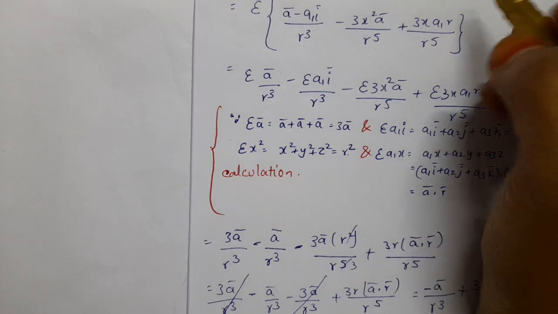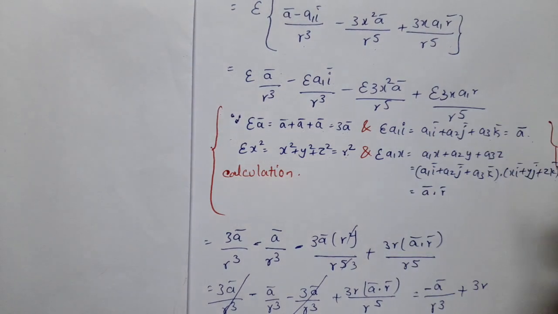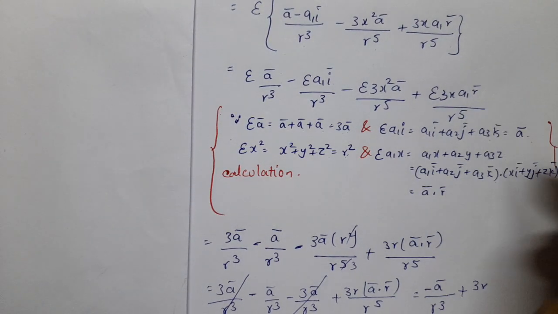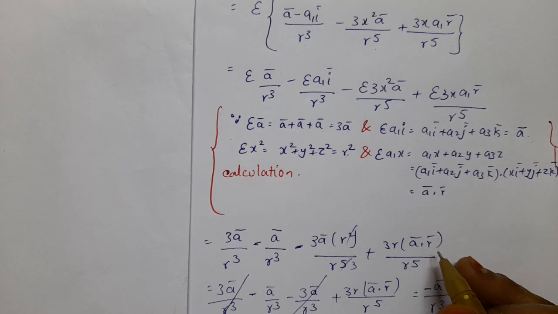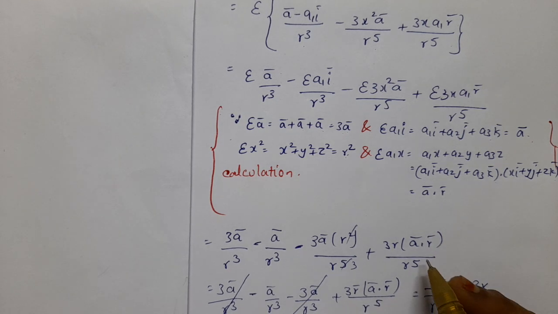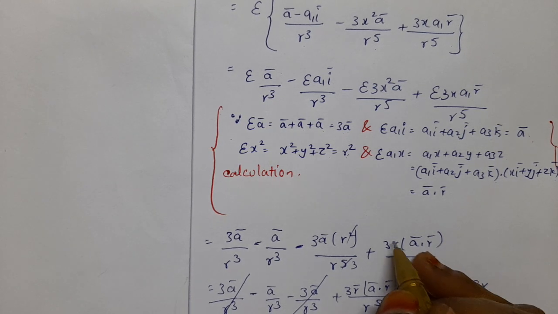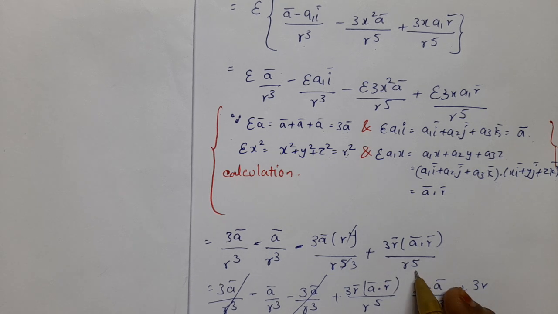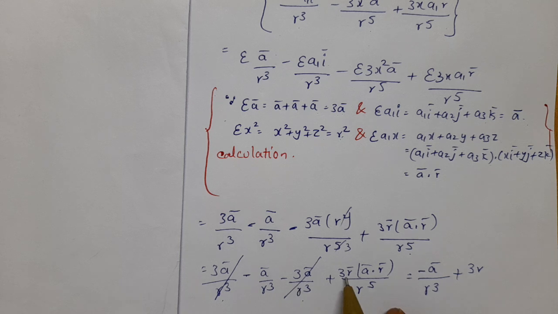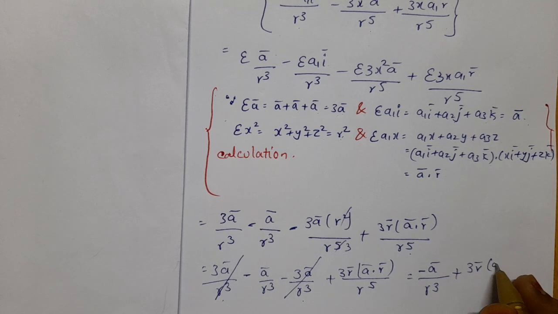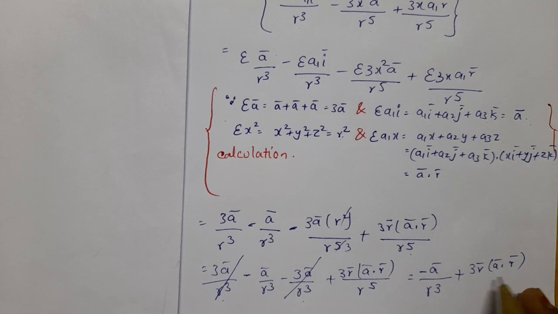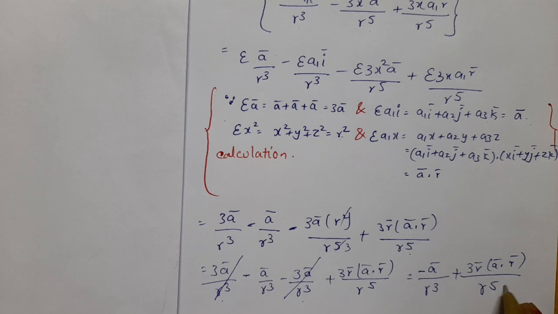Here this is r bar, this is r bar, so no cancellation of this and this. This is r bar, this is r power 5. 3 r bar a bar dot r bar by r power 5.